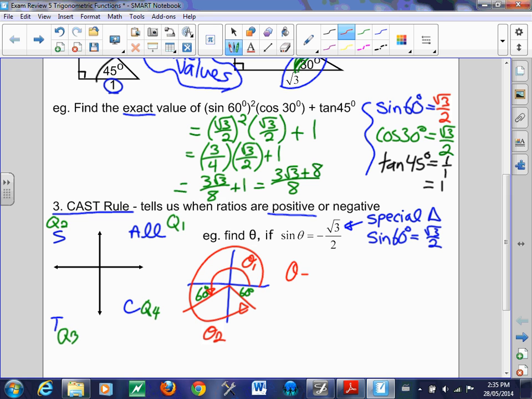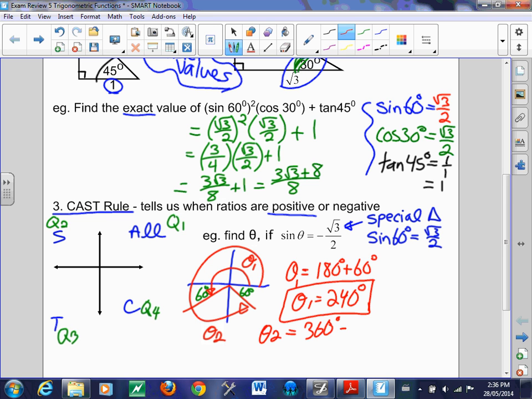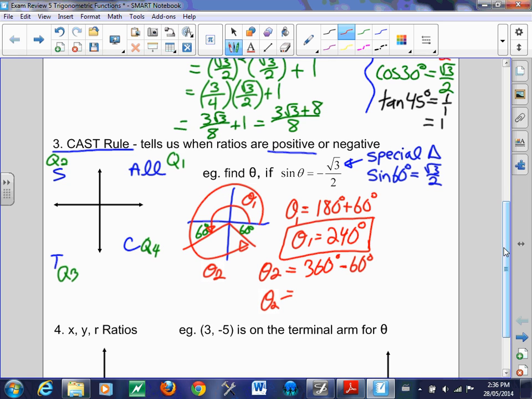We'll do theta 1 first. Theta 1 equals 180 degrees plus the 60 degrees, so theta 1 equals 240 degrees. There's one answer. And theta 2 equals 360 degrees, subtract the 60 degrees, which is the related angle, so theta 2 is going to equal 300 degrees.